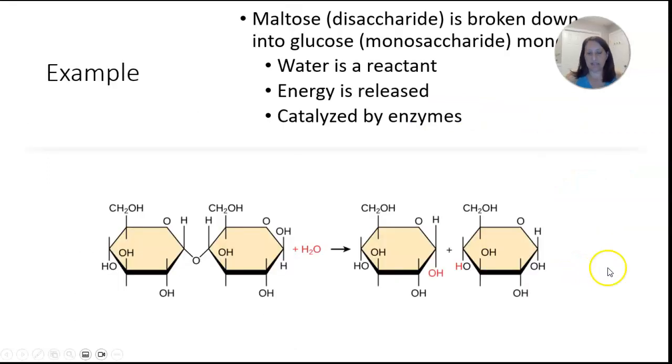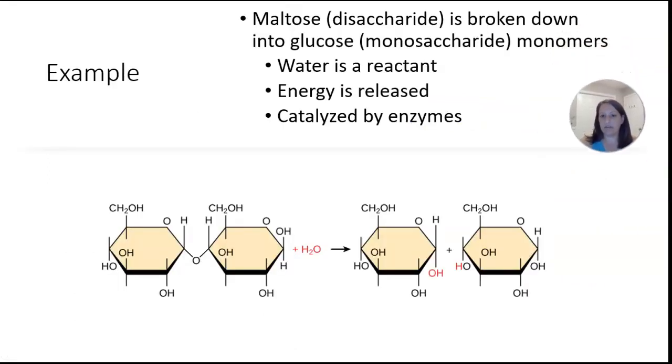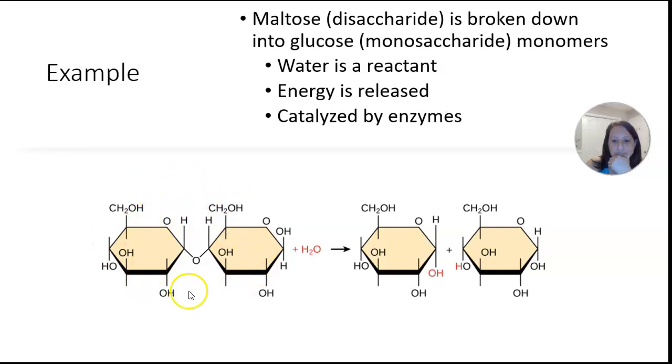Okay, last slide is just a real example of this. So back to maltose. So again, maltose here was our disaccharide. If we add water in, we're going to break this bond right here. Okay, when we break that bond, we add the hydroxyl group to this carbon right here, which would be carbon 1, and we add the hydrogen here to this oxygen, which is over here on carbon 4.